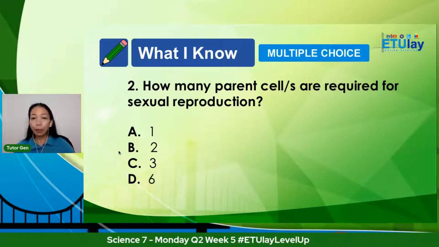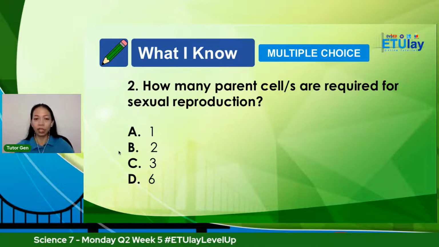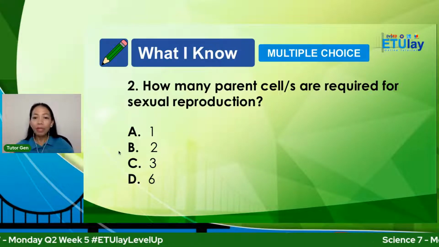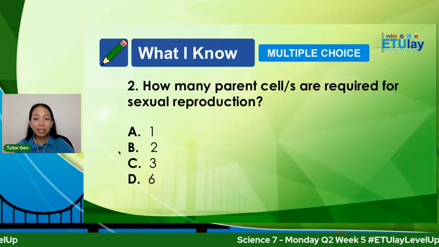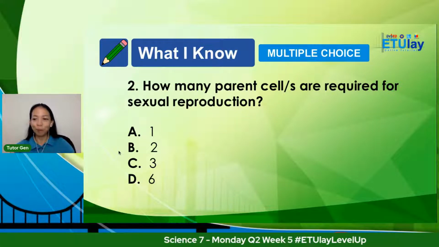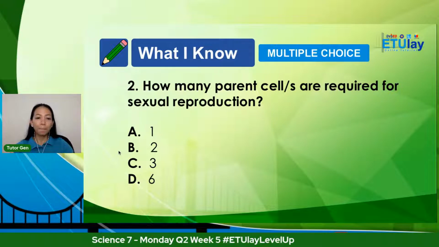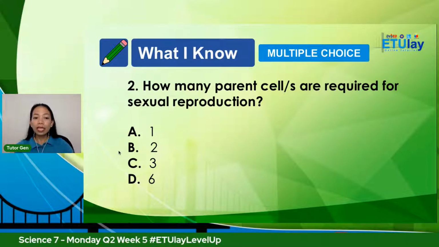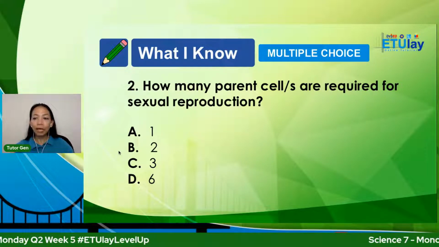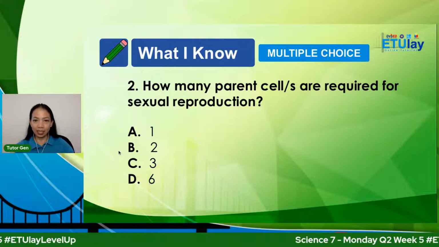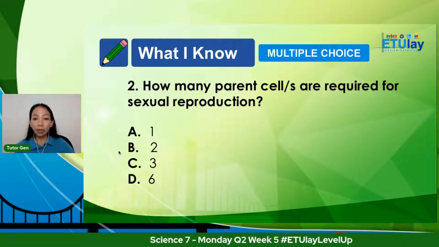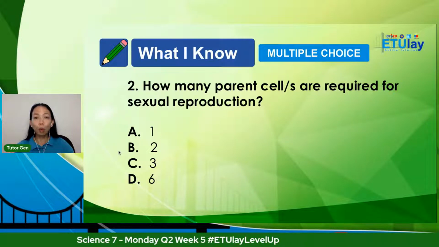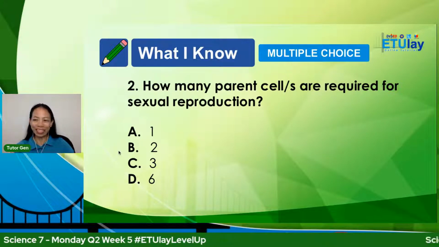Number 2, how many parent cells are required for sexual reproduction? Number 1 is asexual reproduction. Number 2, how many parent cells are required for sexual reproduction? A, 1, B, 2, C, 3, or D, 6. Ilan kaya? How many do we need for sexual reproduction to take place?